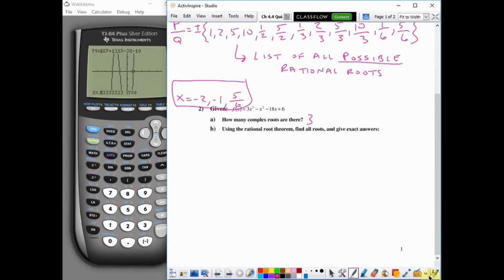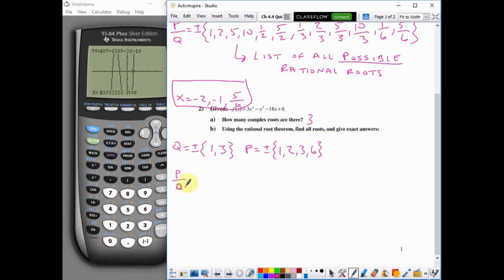Okay, so here on number 2, there are going to be 3. We need to find a list of all the possibilities. So we'll start with Q, and that's plus or minus the factors of the lead coefficient, so 1 and 3. P is plus or minus all the factors of the constant term, 1, 2, 3, and 6.